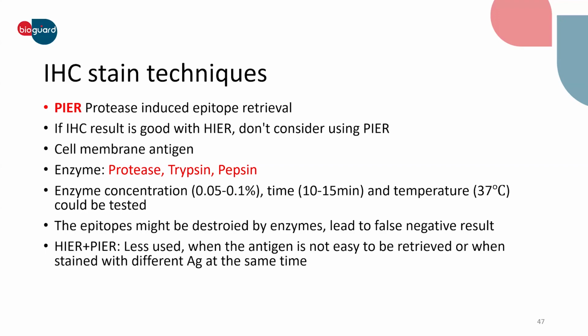The key settings you need to adjust here are enzyme concentrations, typically 0.05% to 0.1%, and then the incubation time around 10 to 15 minutes, and temperature usually 37 degrees Celsius. Be careful, PIER can be a bit tricky. If the tissue is over digested, it might damage the antigen or tissue structure, leading to false negatives.